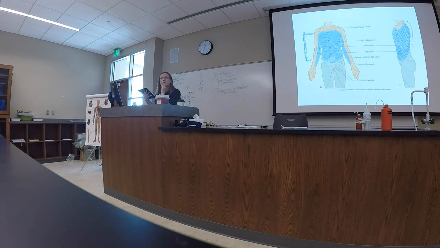So for someone that has a lesion between T1 and T2, you would lose some abilities of the forearm, so you probably lose a little bit of finger dexterity.